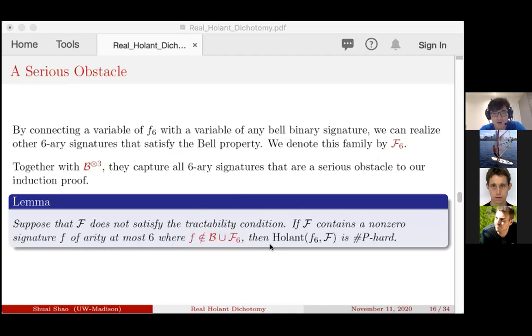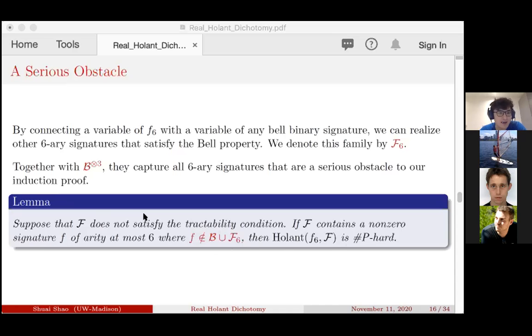Then we can show that the Holant problem specified by this signature set script F together with this special signature f sub 6 is already #P-hard. So signatures in this union are the only signatures that we cannot handle. All other cases are already done. We can already show that they are #P-hard. So this is the case that we need to handle.